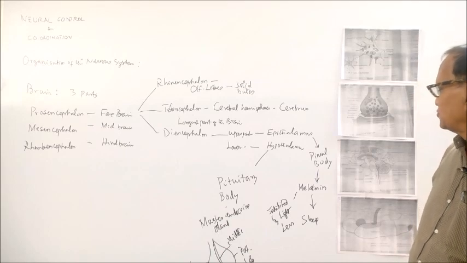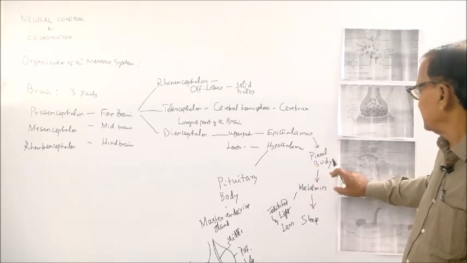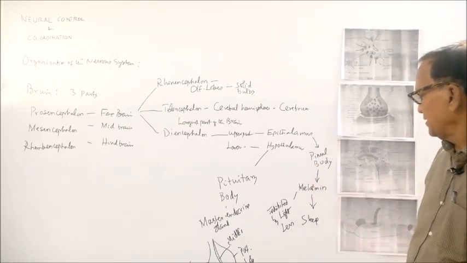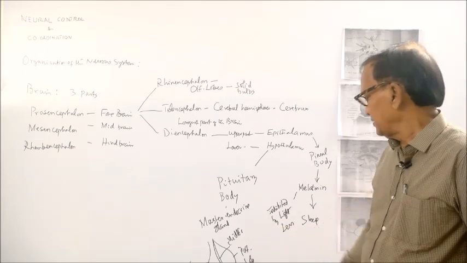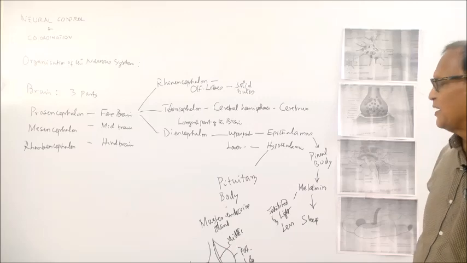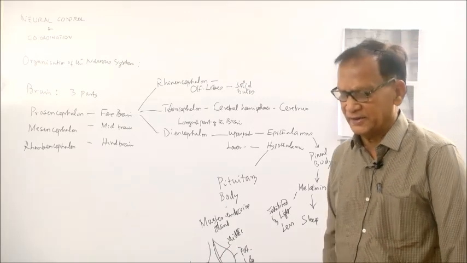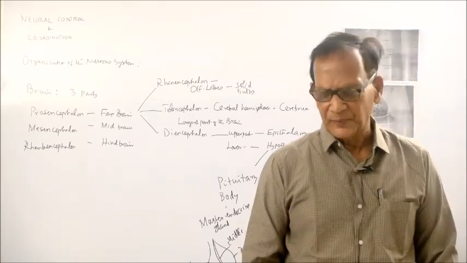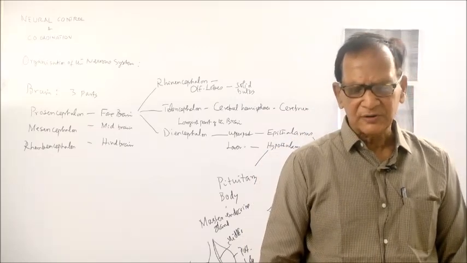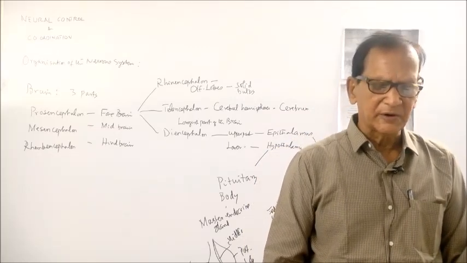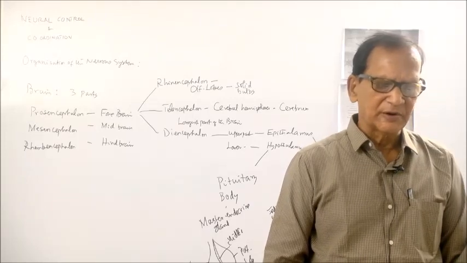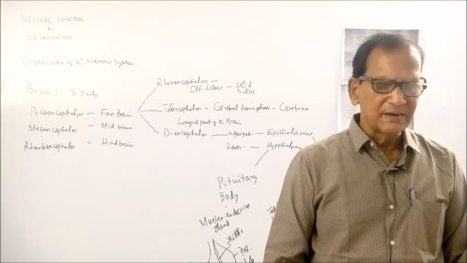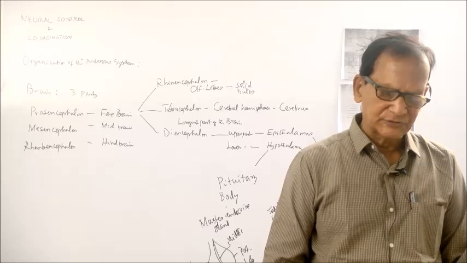And so from the epithalamus arises the pineal body, from the hypothalamus arises the pituitary body. Now, hypothalamus, if you have any idea, is a very important part of the brain. All information concerned with the well-being of the body ultimately reaches hypothalamus.